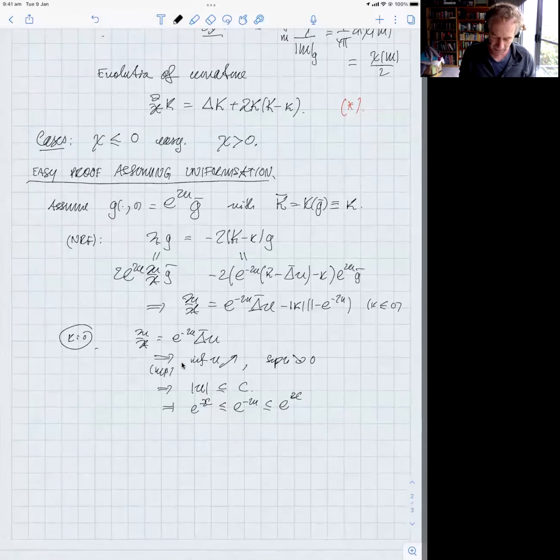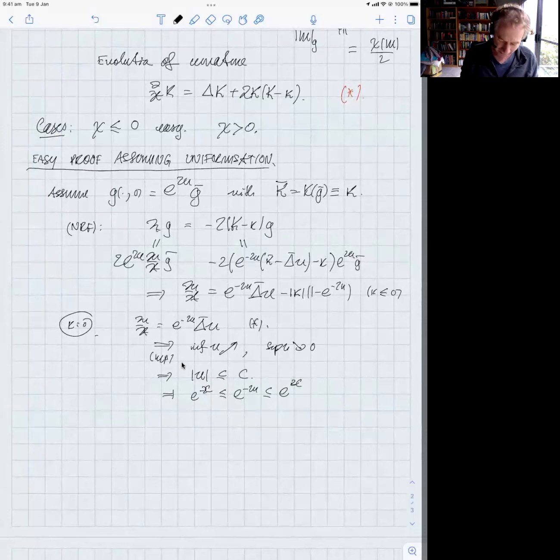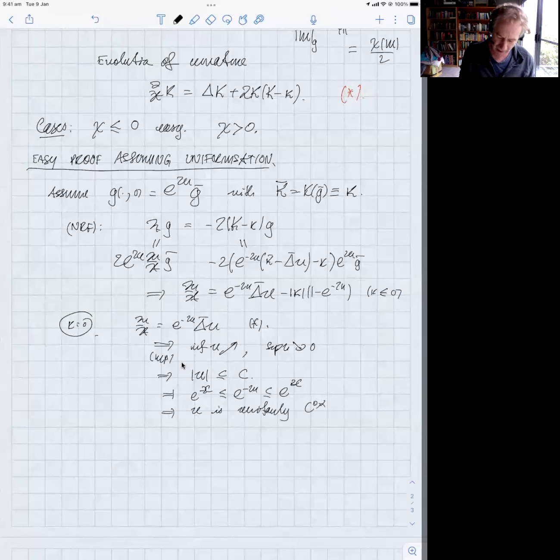So in other words, our equation here is uniformly parabolic, right? And now I can appeal to some relatively standard PDE theory and deduce that u is uniformly Hölder continuous, C^{0,alpha}, at least if I stay away from t equals 0.